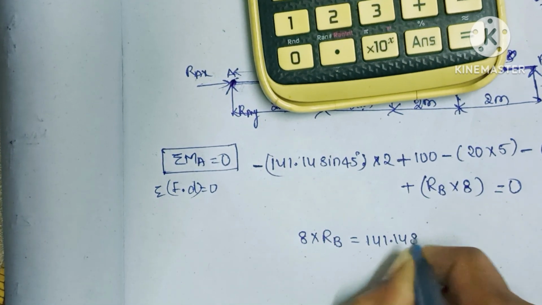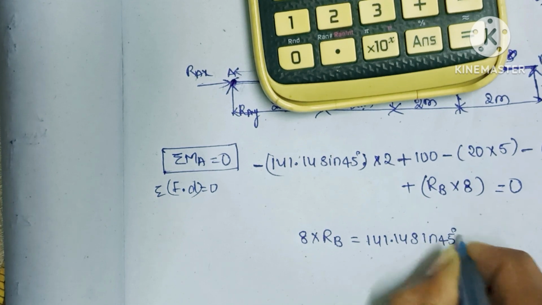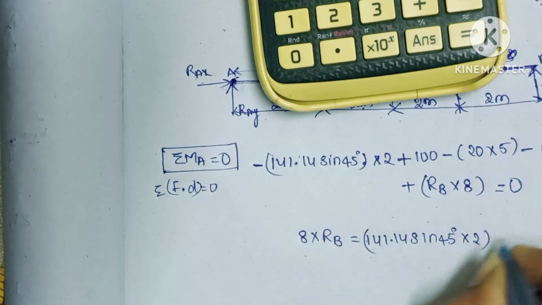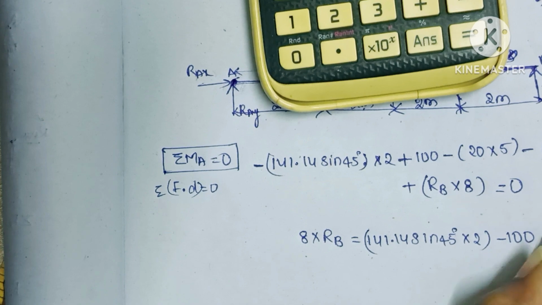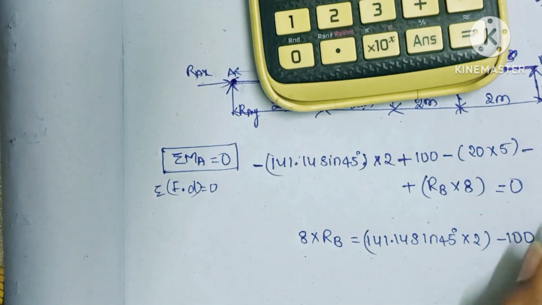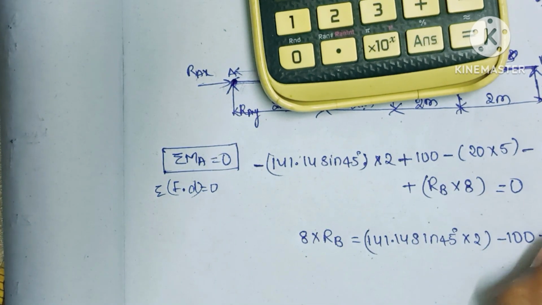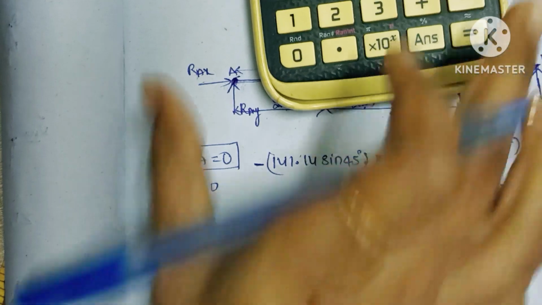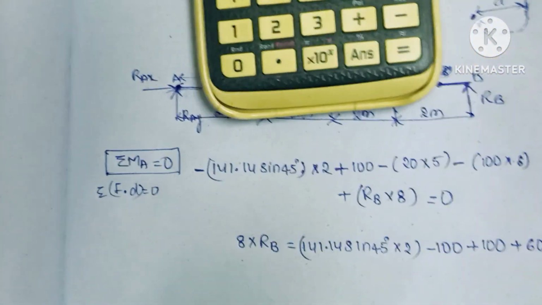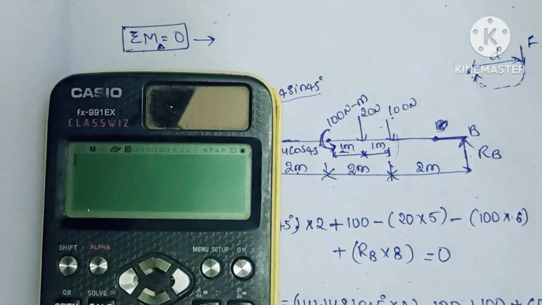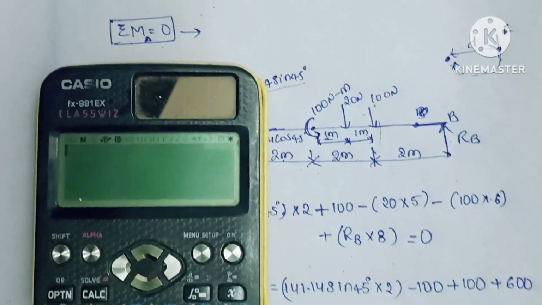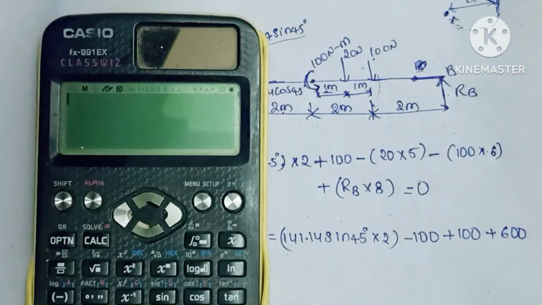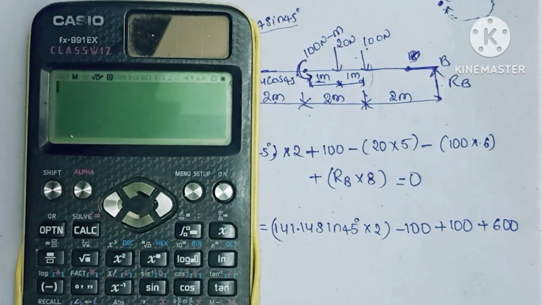141.14 sine 45 into 2, minus 100. If we take this to that side, it becomes plus 100, minus 100 plus 100, plus 600. Okay, I am going to find this in the calculator.